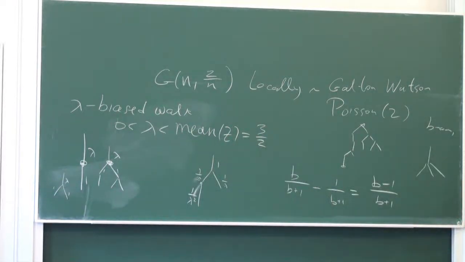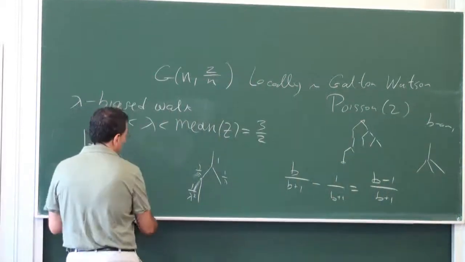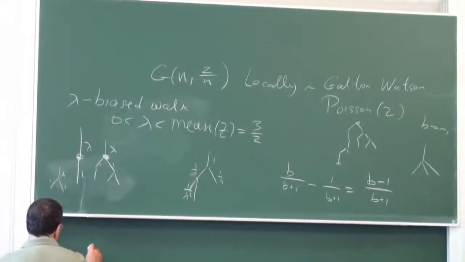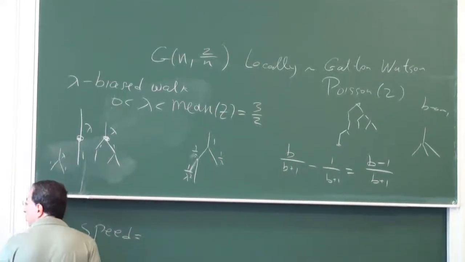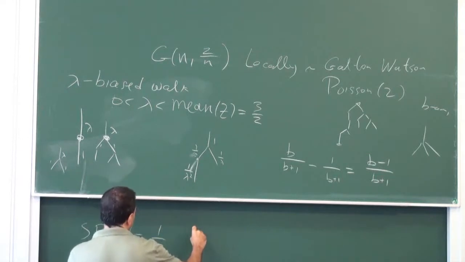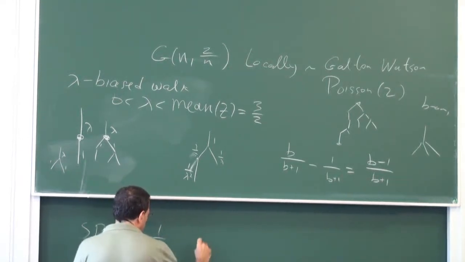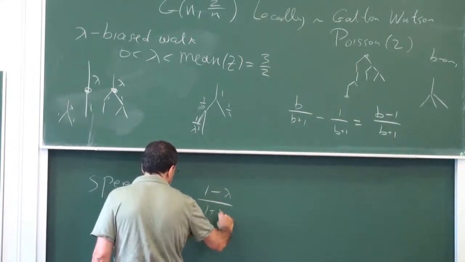Again, the naive argument we used here would suggest that maybe the speed would be, with probability 1/2, 1 minus lambda over 1 plus lambda.